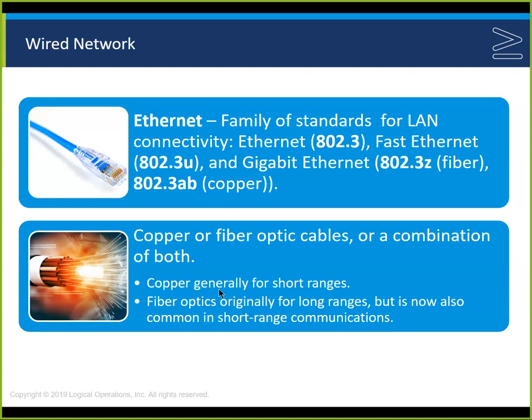In copper, generally for short ranges, copper or fiber, there are some media that have both copper and fiber in the media. Fiber, generally, again, long ranges. One of the issues, I guess, is that the fiber itself today, with the amount that's available, is not all that much more expensive than the copper.